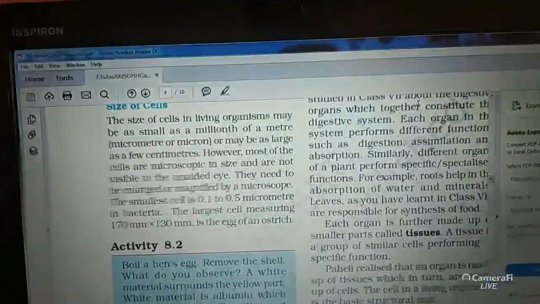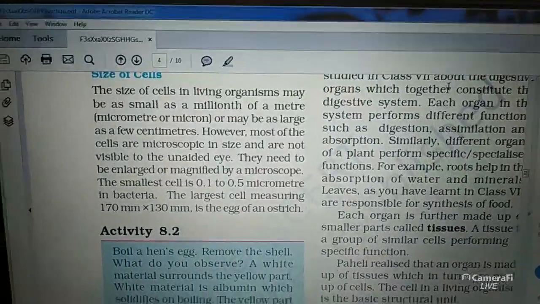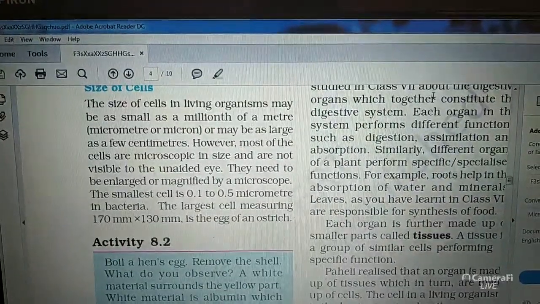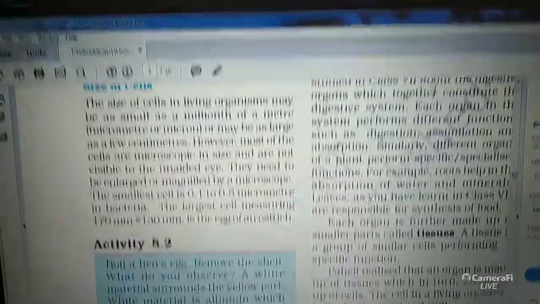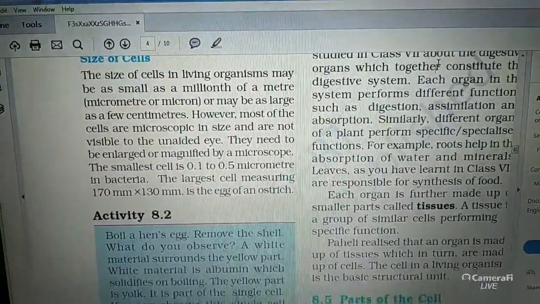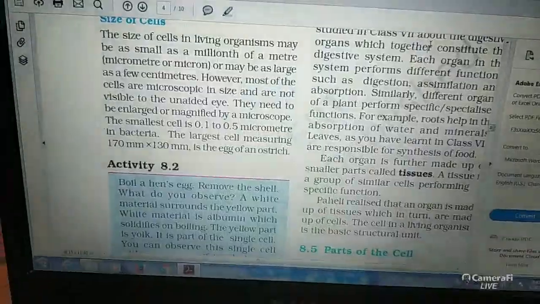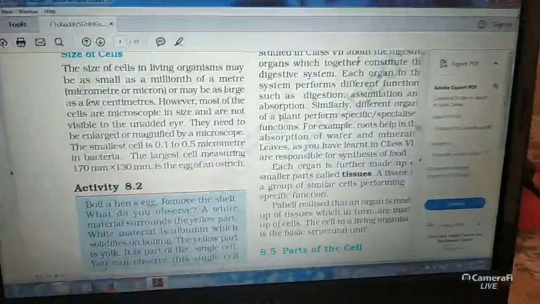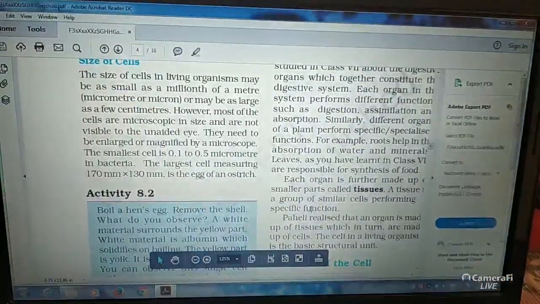The size of cells in living organisms may be as small as a millionth of a meter or as large as a few centimeters. So the ostrich cell is the largest cell.